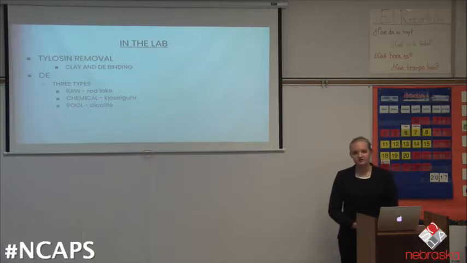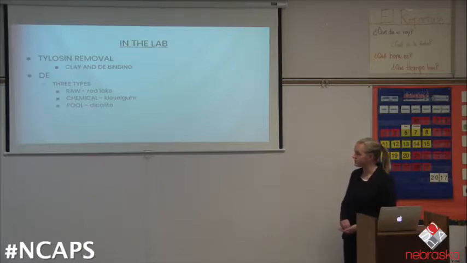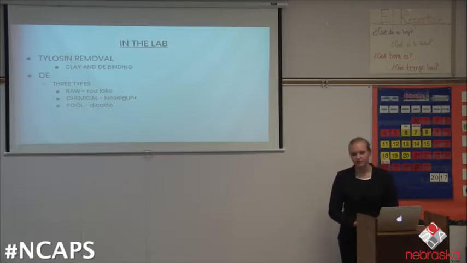And excessive antibiotics are bad for the environment and human health and animal health, so we need to remove them. And one of the ways to remove them was by chemically binding the tylosin to clay and diatomaceous earth. And there are 3 types of diatomaceous earth that we looked at, and we tested each one to see which one could remove tylosin the best.